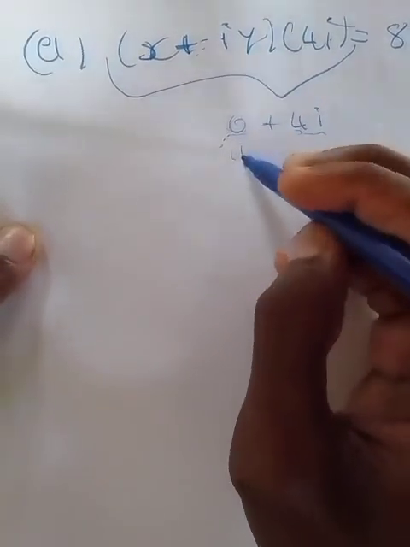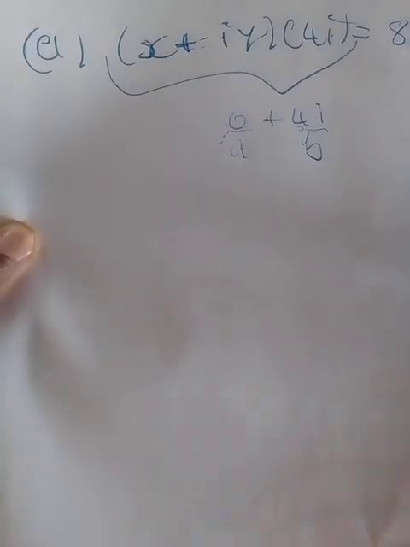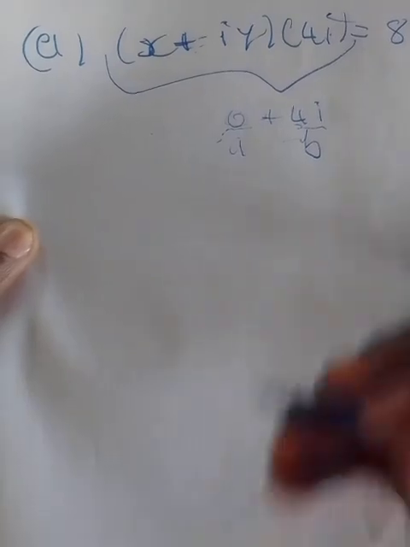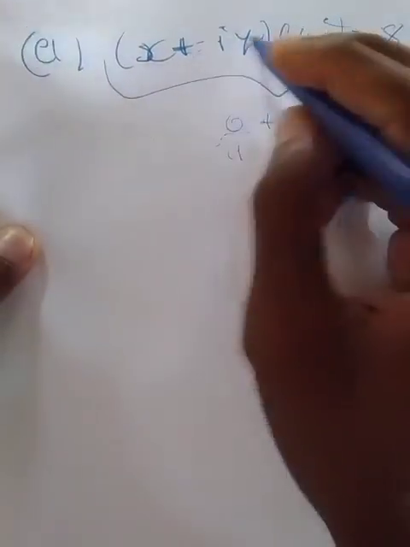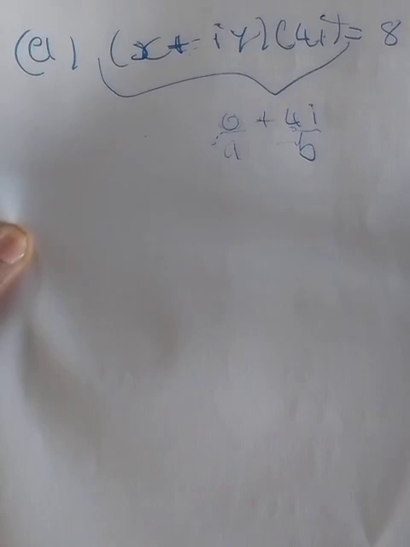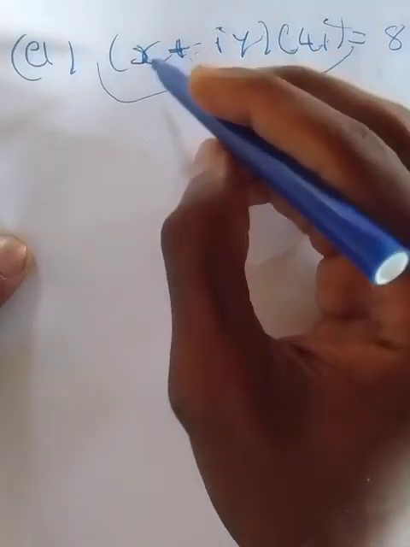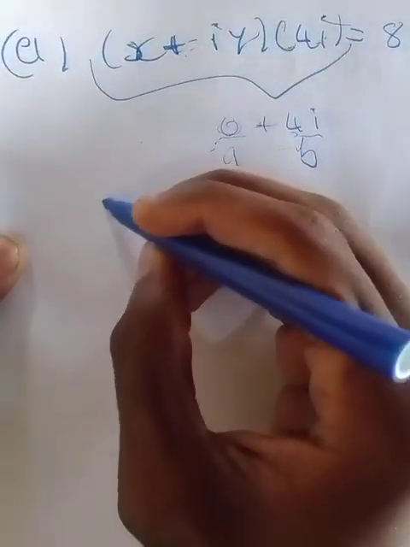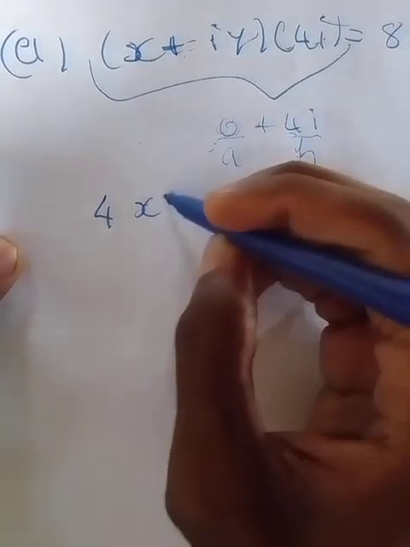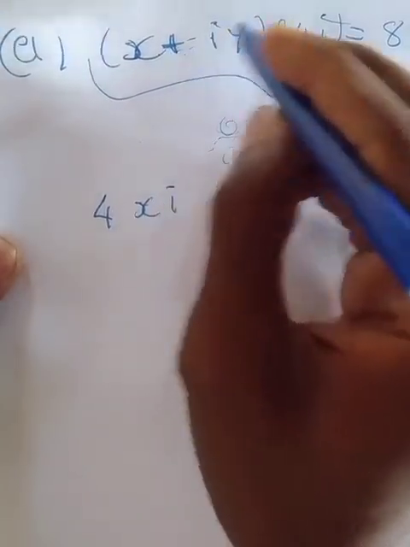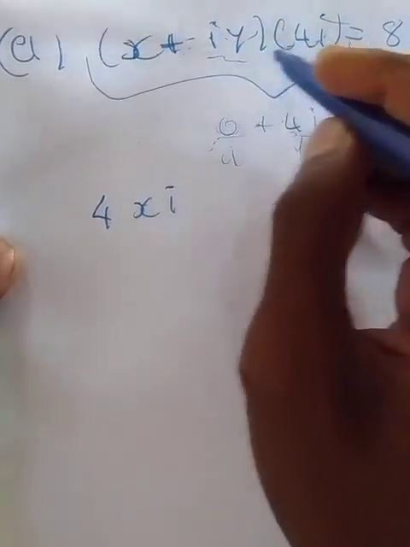Okay, so you have 2 complex numbers multiplying. So first begin by multiplying the complex numbers. So you're going to say 4 times 4i, that will give you 4xi. You're done. So now multiply this with this, you're going to have plus 4yi squared.